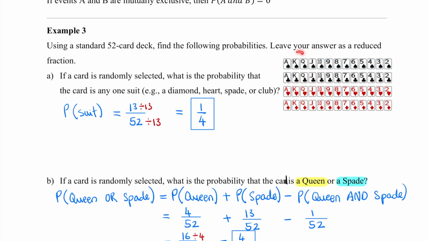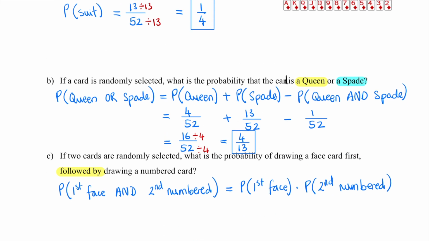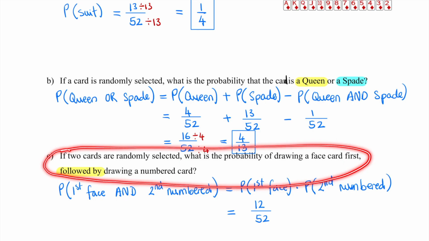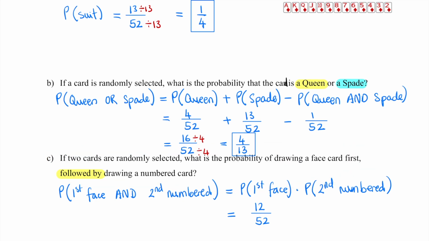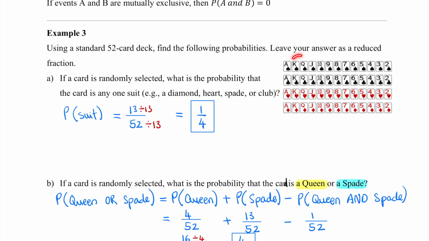There are a total of 52 cards and 12 face cards. So the probability that the first card is a face card is 12 over 52. The question does not mention if the selection is with or without replacement. So we're going to assume this is without replacement.